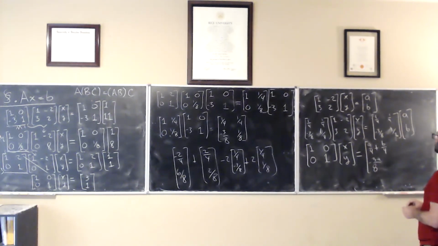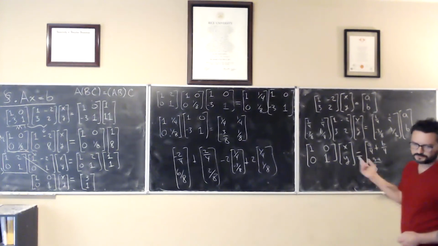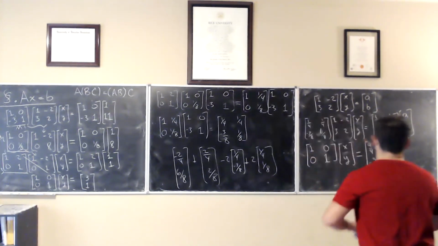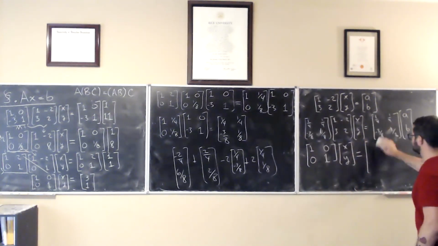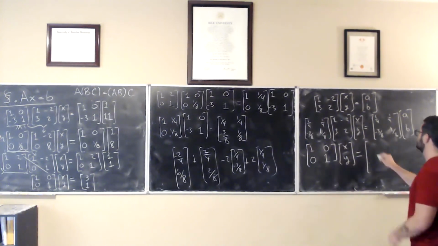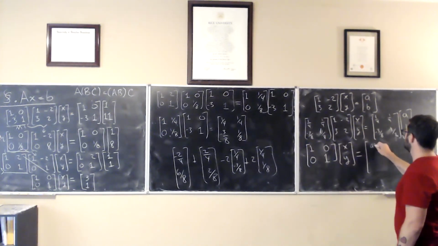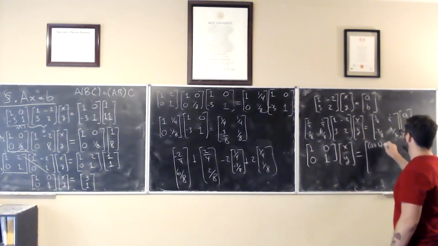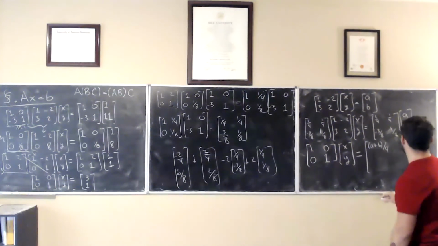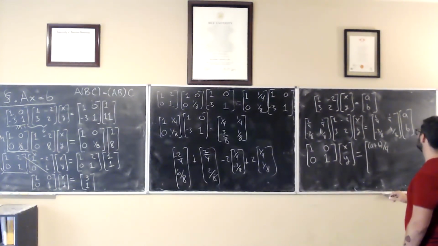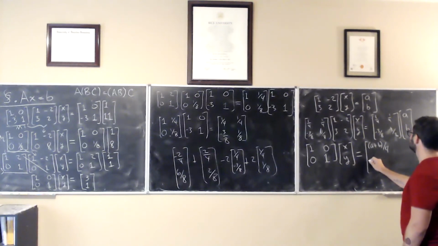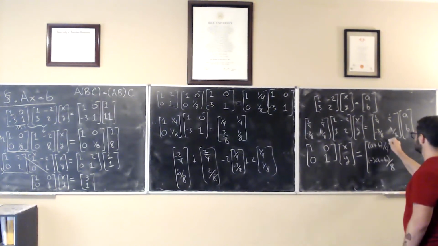Oh, I can do this more compactly because they have the same denominator. (a plus b) over 4, and then (-3a plus b) over 8.